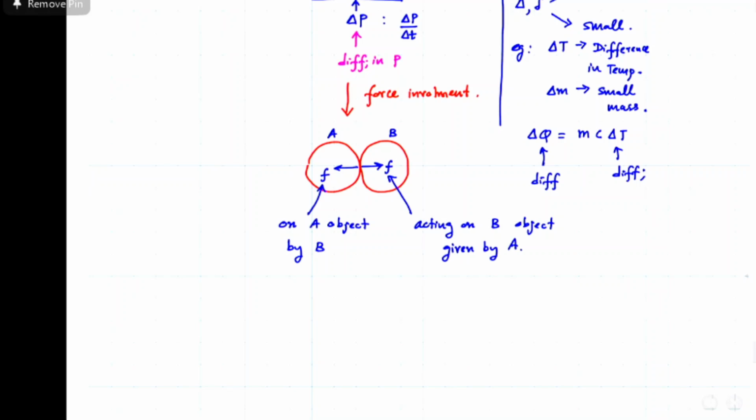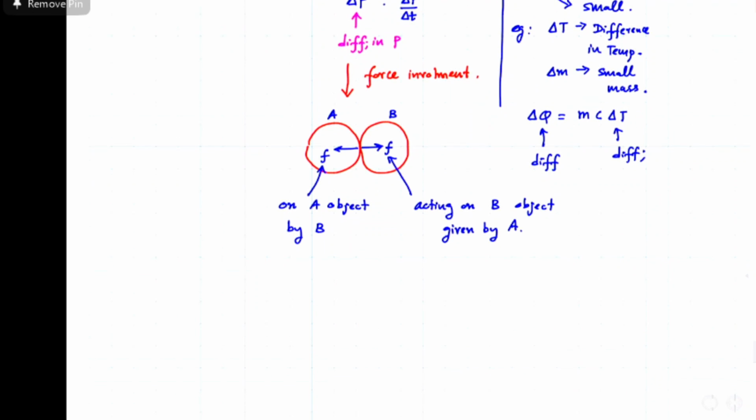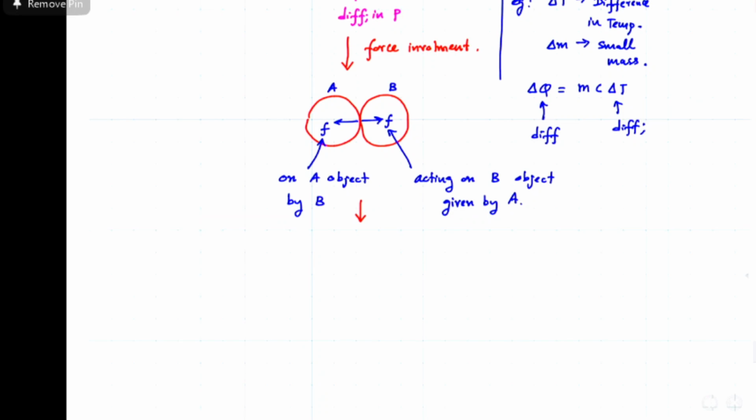Given by A. Do you understand that? So if you separate this to visualize what is happening, you will see that on that wall this F is happening, on this wall this F is happening.